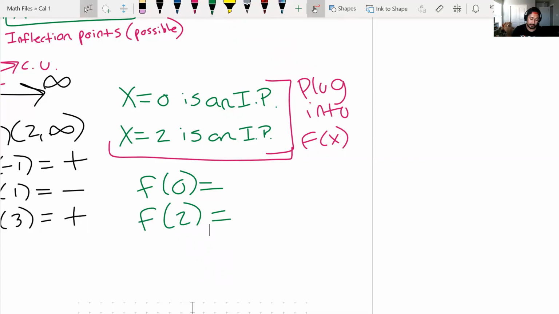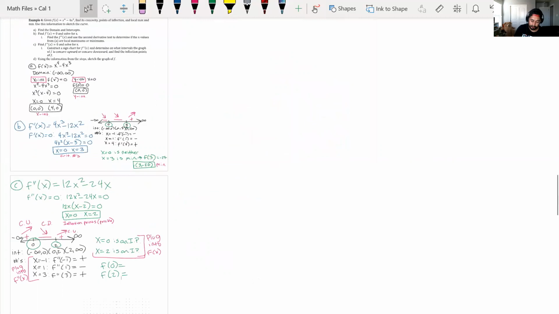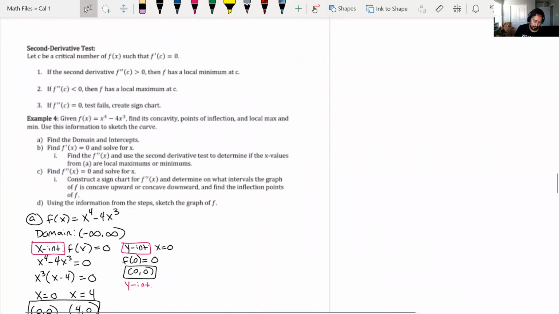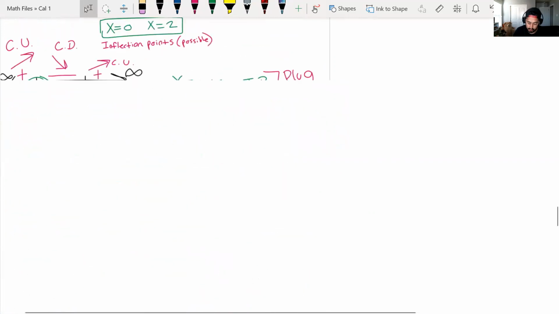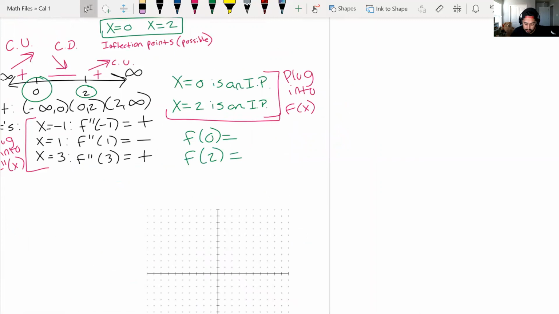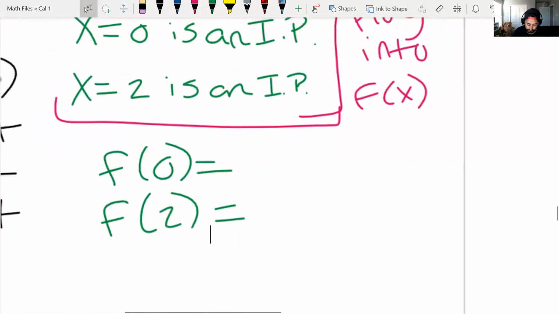Now, what was my original function? There you are. Plug you in my table. X to the 4th minus 4x cubed. Okay. And then what we're going to plug in is 0 and 2.